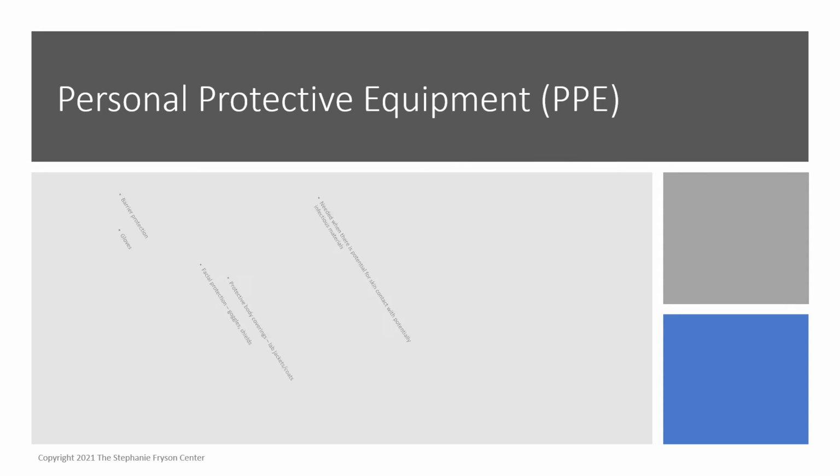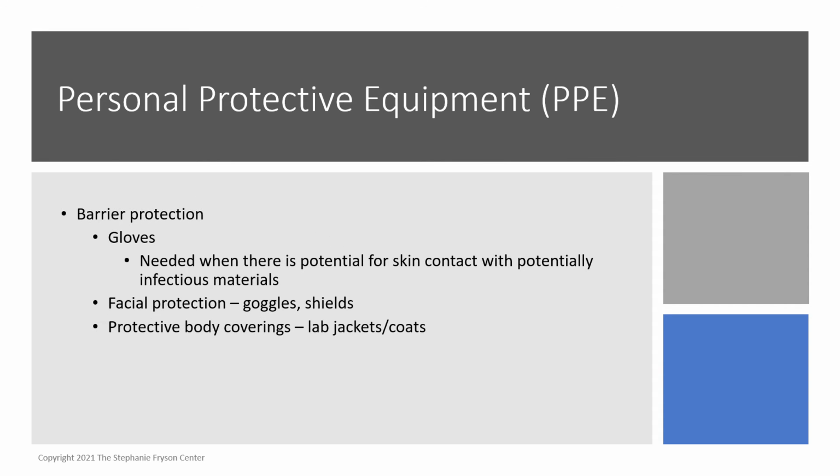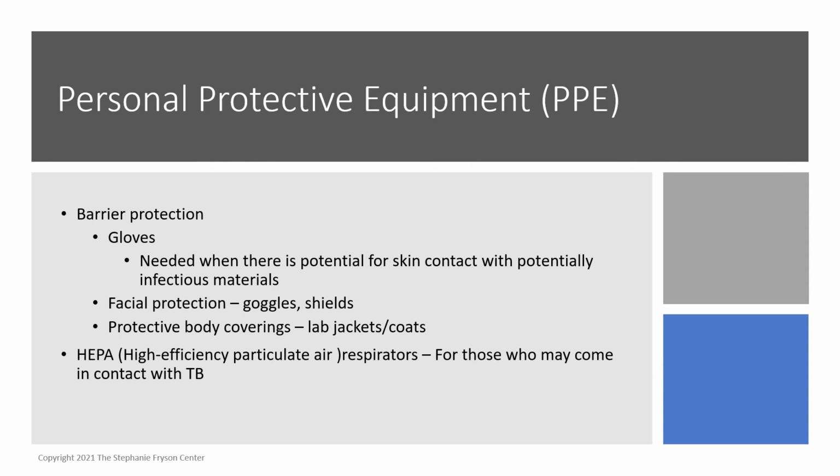PPE, personal protective equipment. Those are gloves, facial protection, goggles, face shields, protective body coverings like lab jackets, and HEPA, high efficiency particulate air respirators for those who may come into contact with tuberculosis. And in some places, those are used since there was such a shortage of masks due to COVID-19.